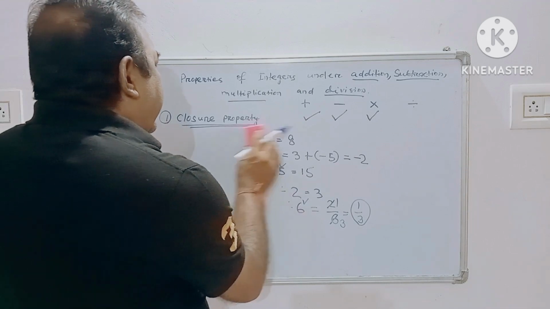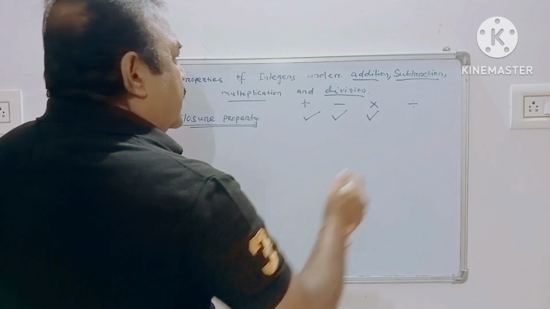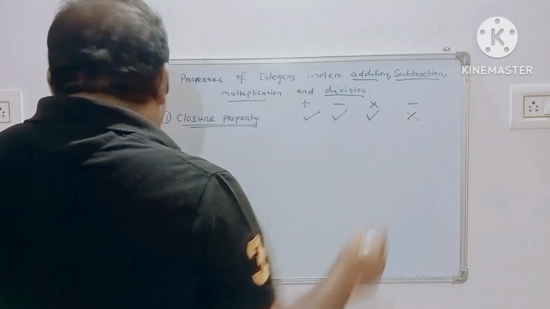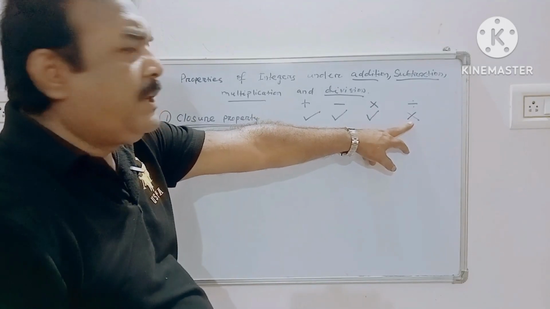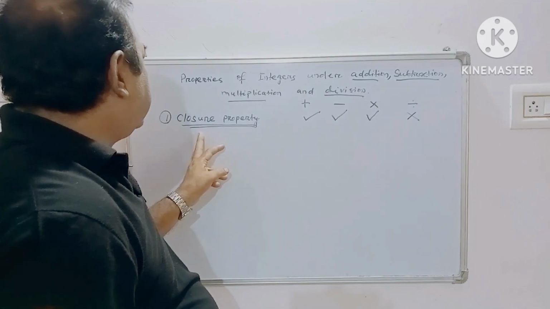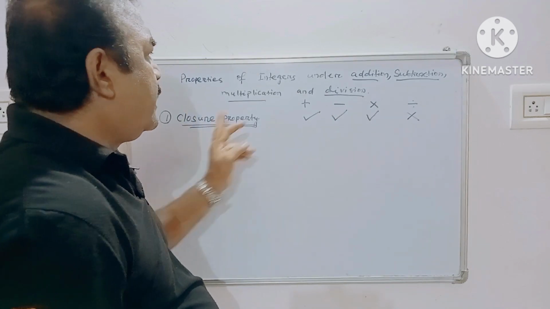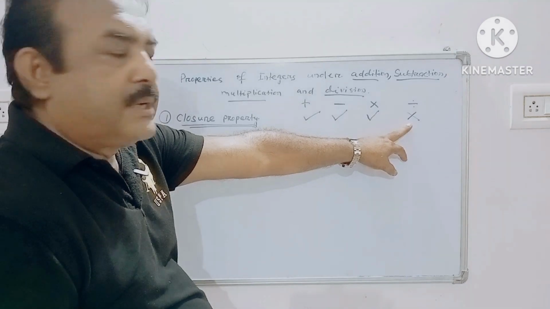So what can we write here? And you remember this, not for all integers. I give a cross mark here. That means all the integers do not show the closure property under division, under this operation.